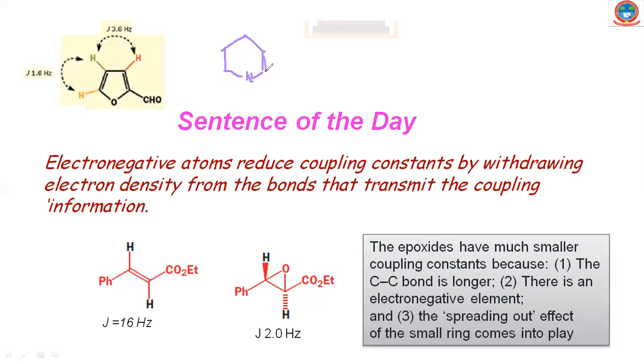Is it visible to everyone? Okay, now I want from you people. This is the hydrogen. Suppose this is the hydrogen. You know there is nitrogen here, right? Yes, pyridine. And here suppose we have other groups like this, and here we have hydrogen.